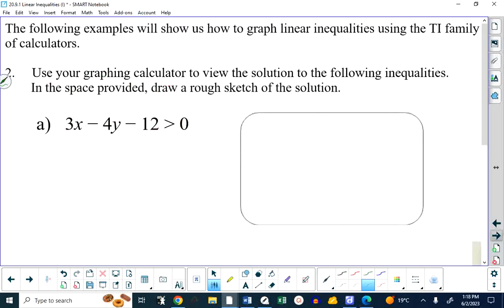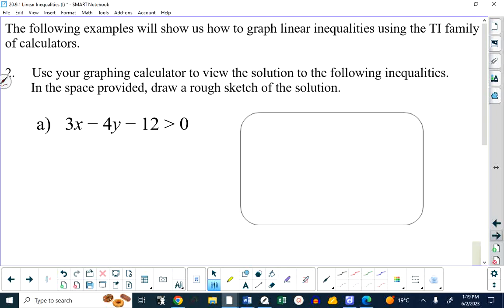Okay. I want to go through one other thing. We can do this on our calculator. And I don't care if you draw a masterpiece here. But the first thing we have to do is rewrite this inequality in terms of y. So remember, I'm going to force you to move the y's over and read it backwards. I do not want you leaving it as negative 4y and dividing by negative 4.